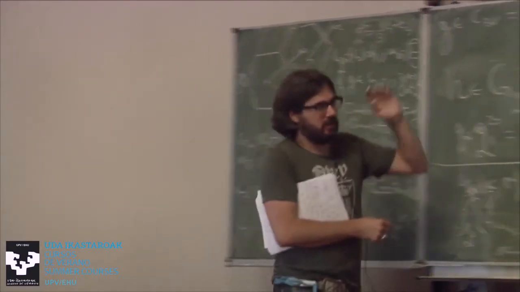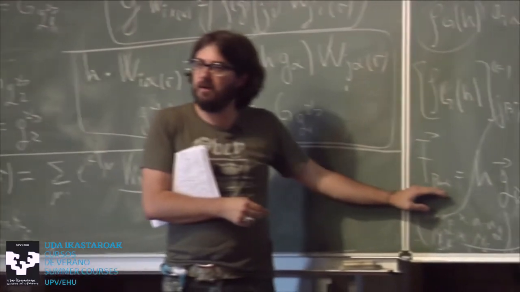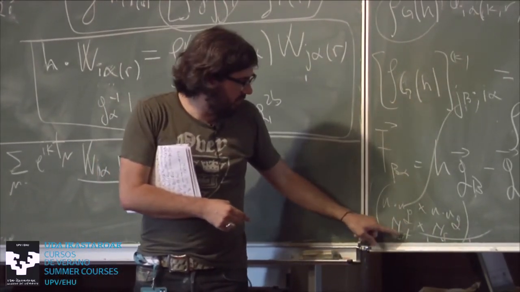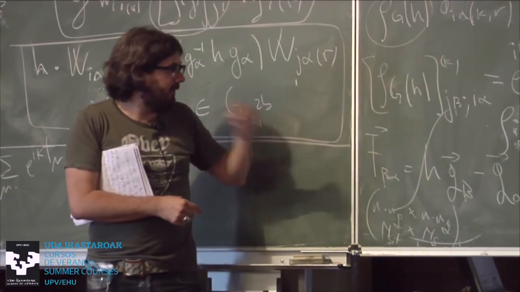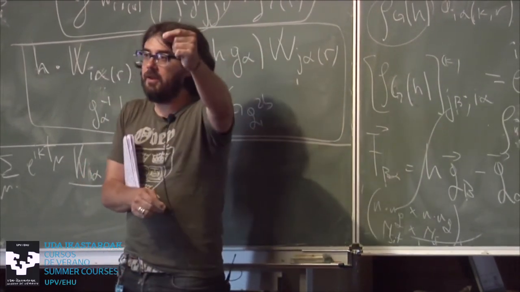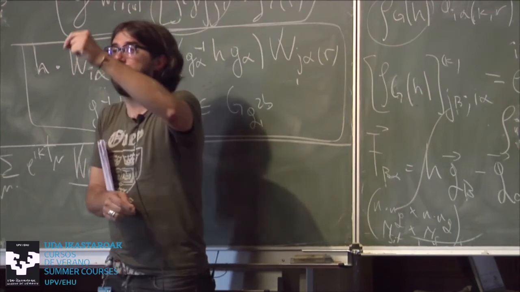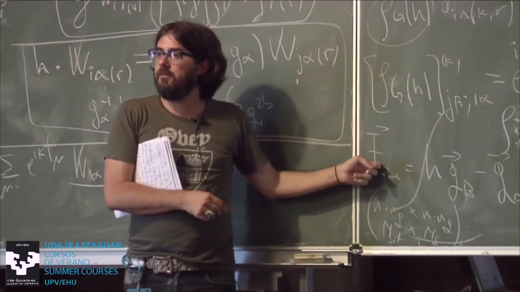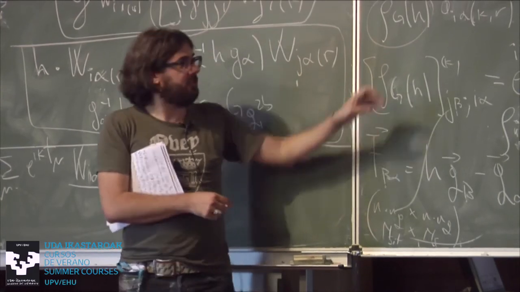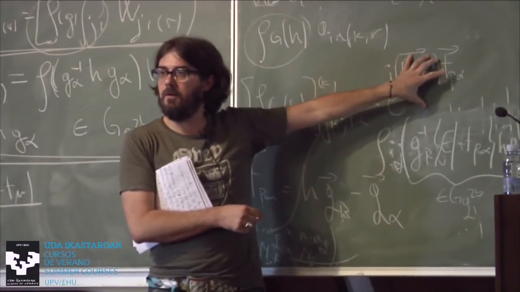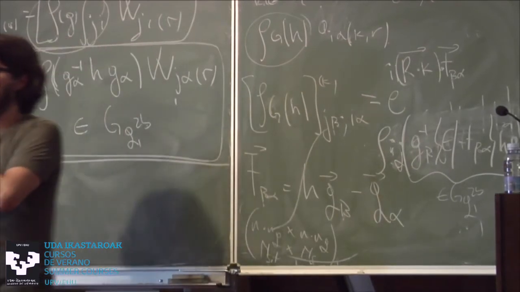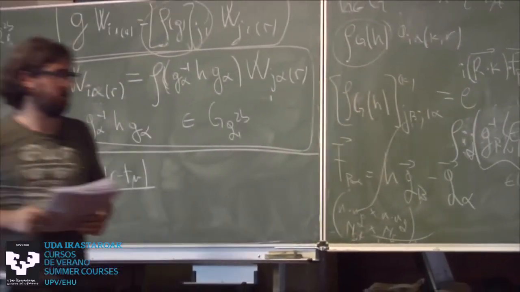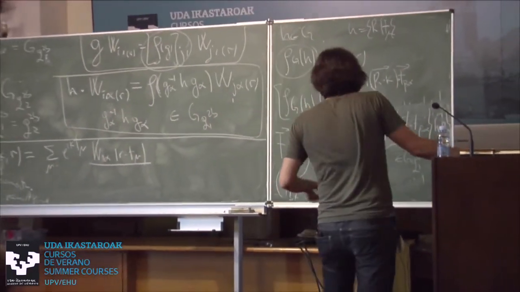For each beta and alpha, which run between 1 and the multiplicity of the Wyckoff position, this is a vector for each of them. This is a number. That's right. So this is the matrix.